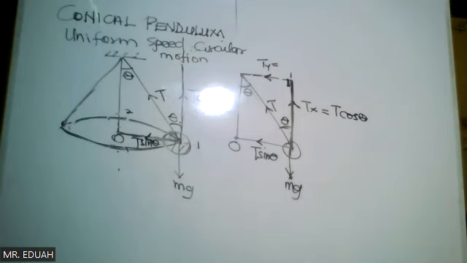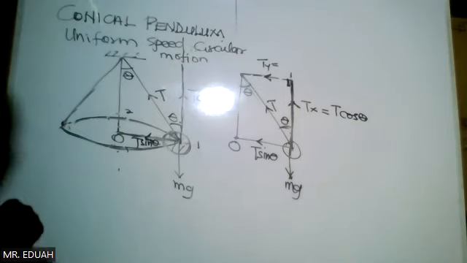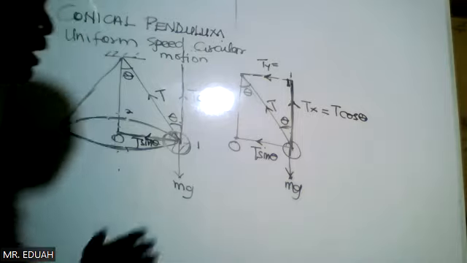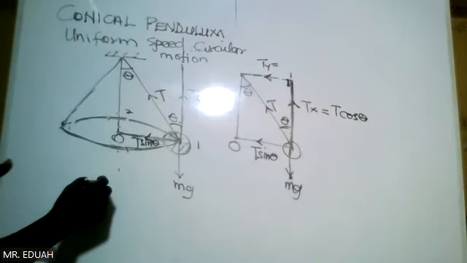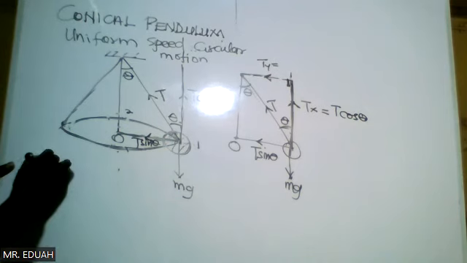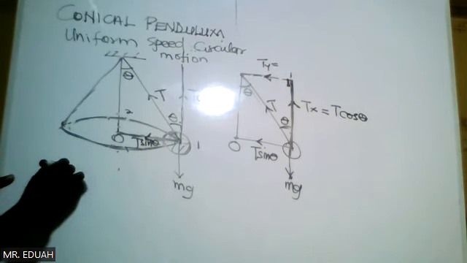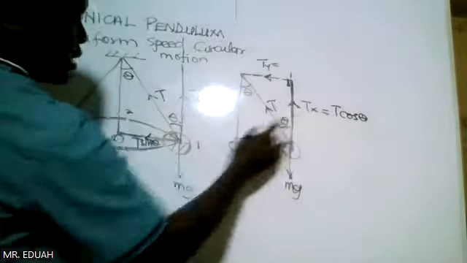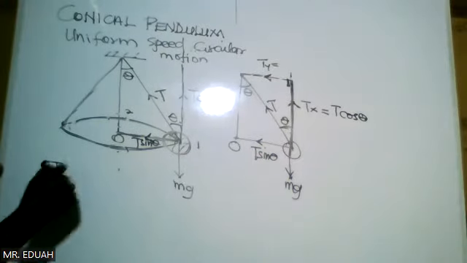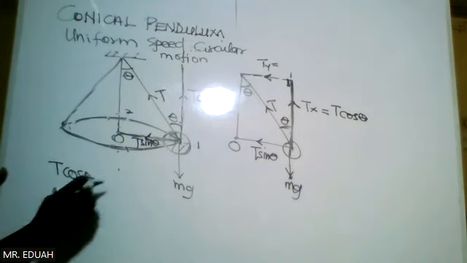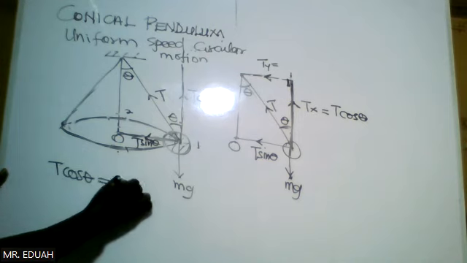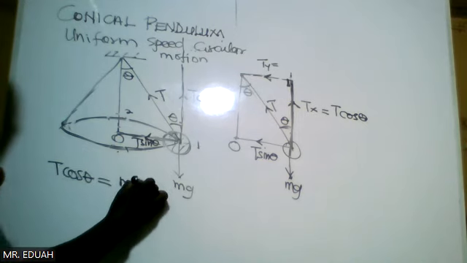All right. So when you look at vertical equilibrium, you can draw the conclusion that the T cos theta, which is the component of the tension, is balanced by the weight of the mass mg.